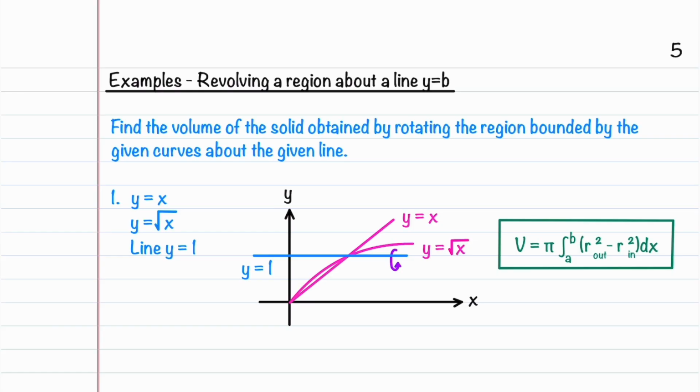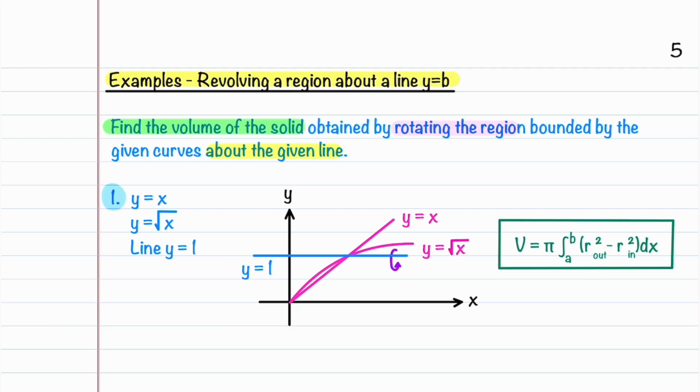We're now going to walk through two examples where we are going to revolve a region about a line y is equal to b. This is just a line that is parallel to the x-axis. We're going to find the volume of the solid obtained by rotating the region bounded by the given curves about the given line. Let's look at our first example.